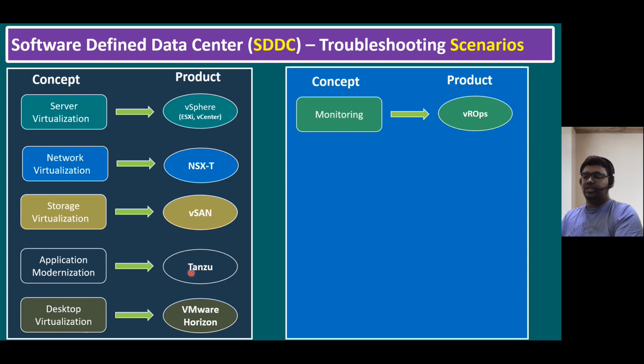And for application virtualization with Tanzu, we also have many competitive products. We can use Red Hat OpenShift or SUSE Rancher, or even public cloud container services like AKS, Azure Kubernetes Service, EKS, AWS Elastic Kubernetes Service, and Google Kubernetes Engine.